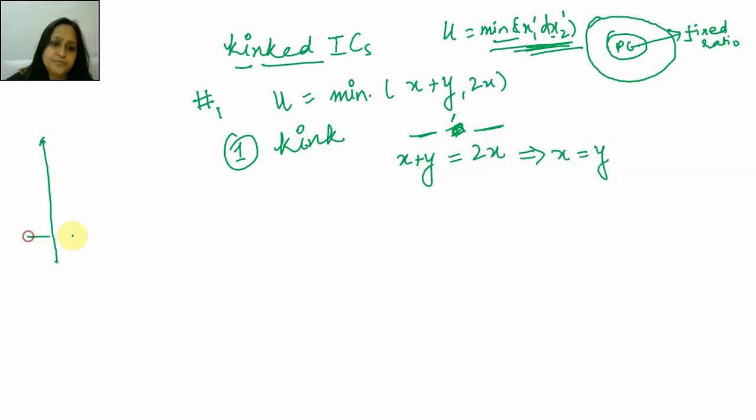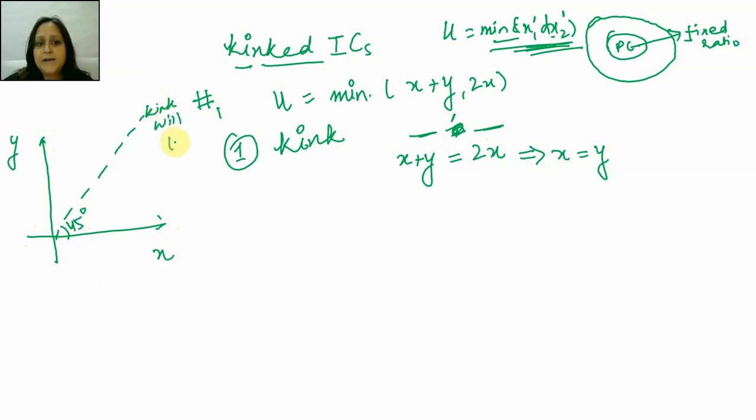So in the x and y plane, my kinks are going to be on a 45-degree line. This is the line in which my kinks will lie. ठीक है, तो ये हमारी पहली चीज है.